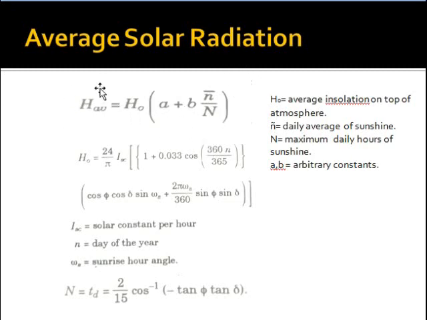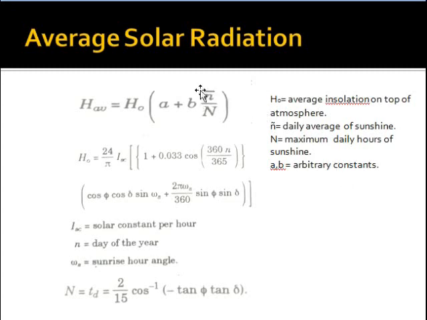HAV is the averaged solar radiation intensity, and H naught is again the average total radiation, but on top of the atmosphere. This one is on the ground, and A and B are constants. Their values will be given in the next slide, they are fixed, and we can get the data from some data sheets.